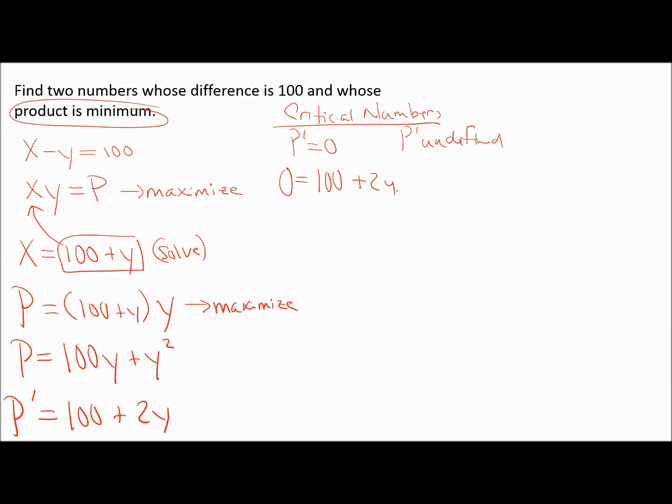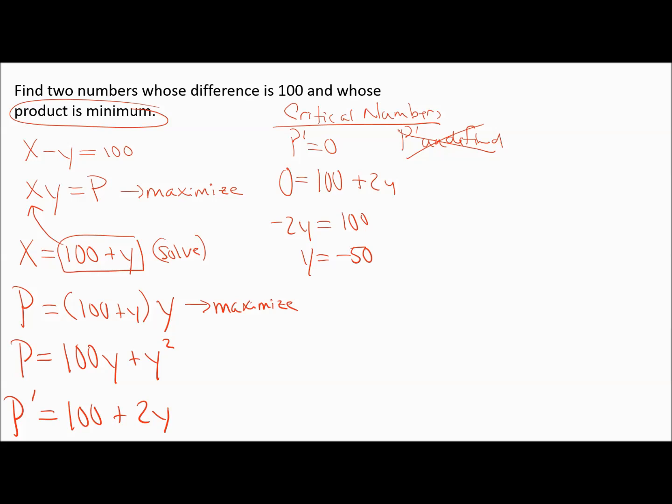I'm going to solve by subtracting the 100 over and then divide by 2, so y is negative 50. Where is that equation undefined? It's not. There are no variables in the denominator. Nothing to be concerned about as far as undefined. So this particular situation doesn't have an undefined. So we have an answer that y is equal to negative 50.